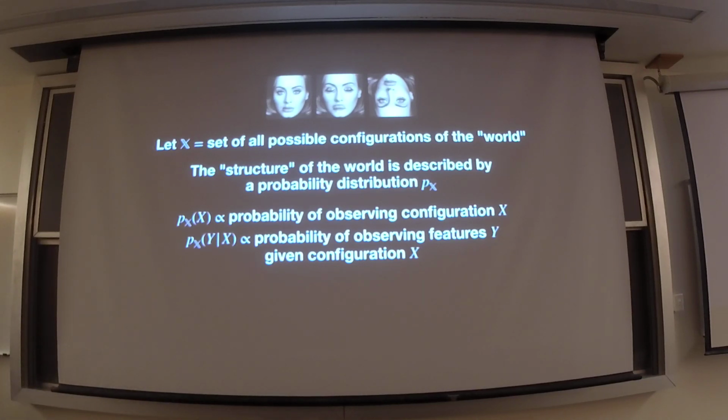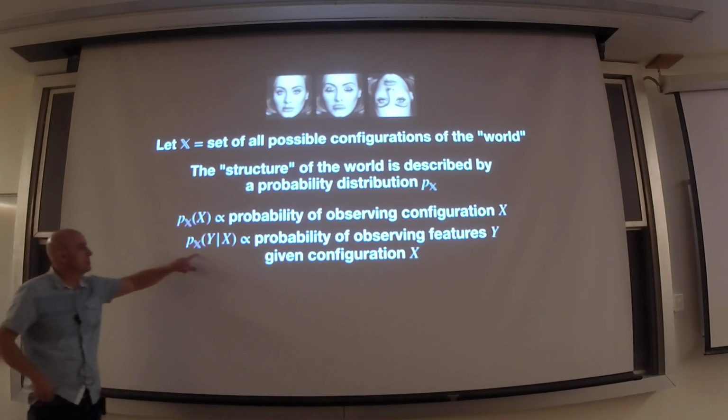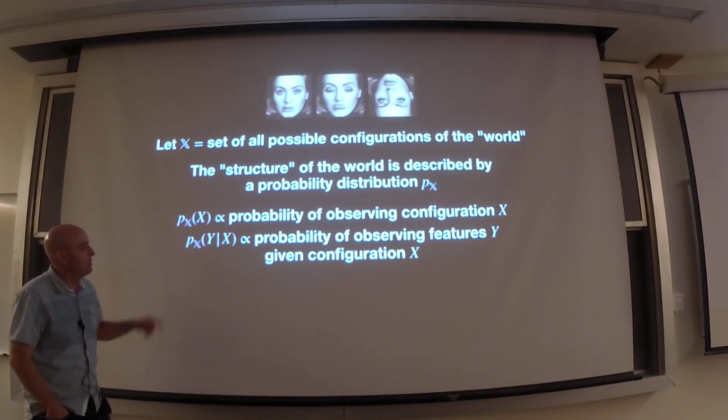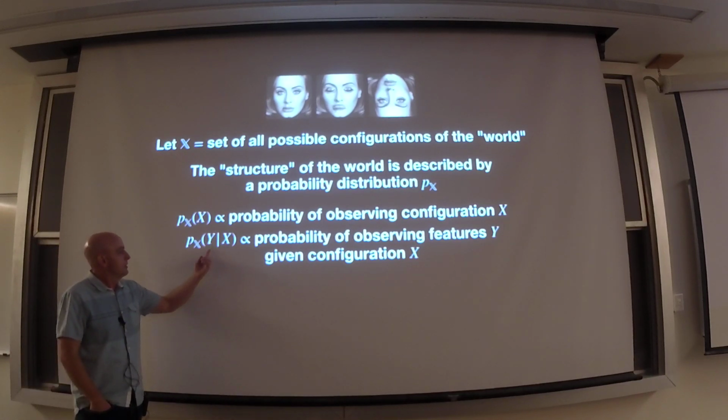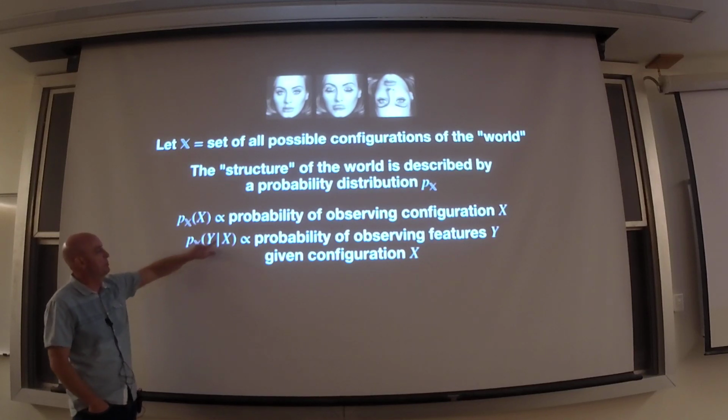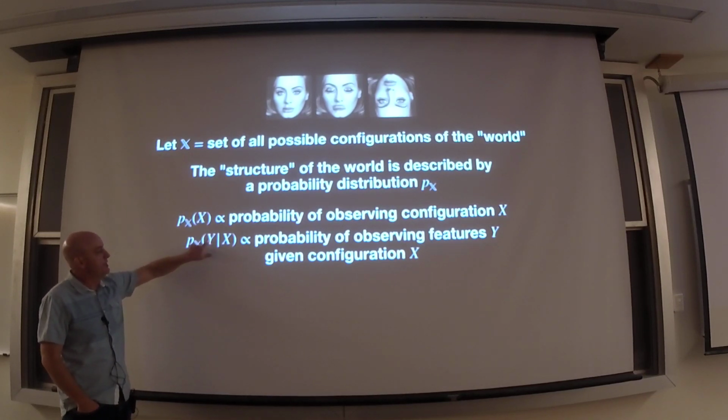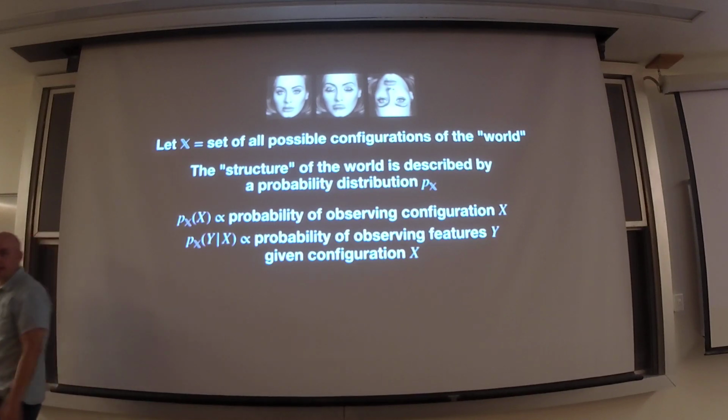Are these eyes narrow or wide? Whatever the features are, it could be anything. We often pose a lot of machine learning problems in this way. We want to learn these conditional distributions because we want to predict the features Y given the input data, the input configuration X.